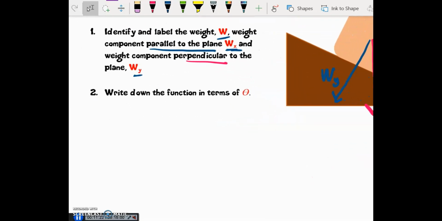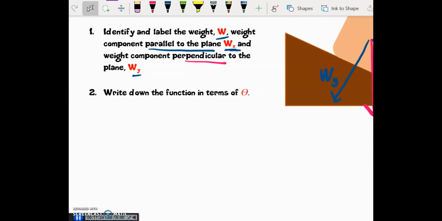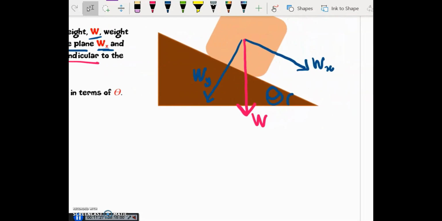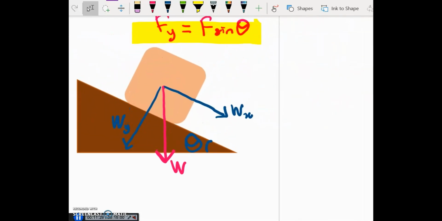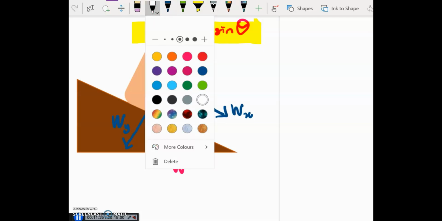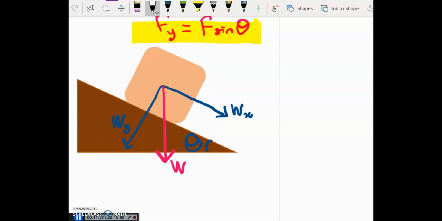Next, write down the function in terms of theta. From this diagram, one thing that you should know is the angle theta here. I am going to label it with the white pen here.